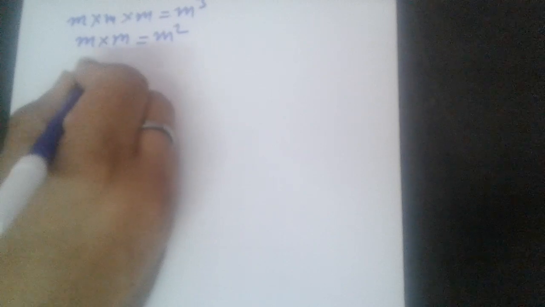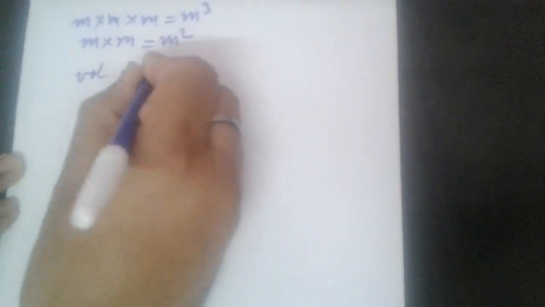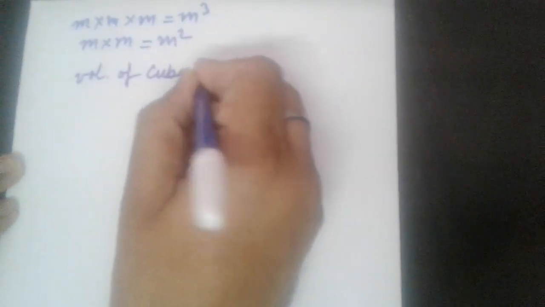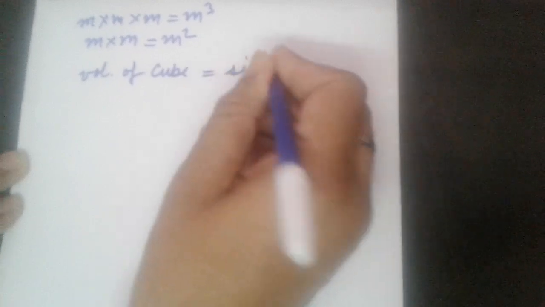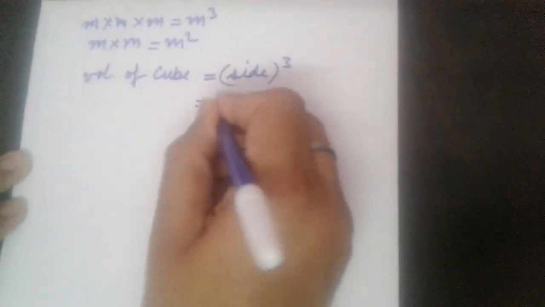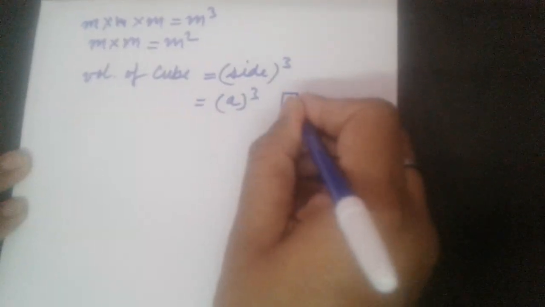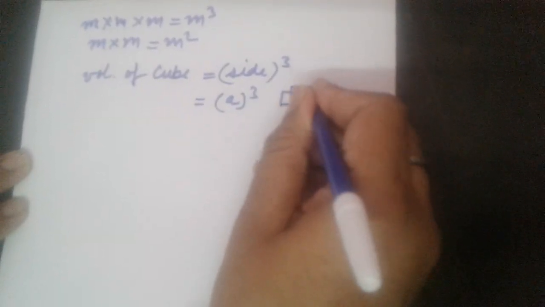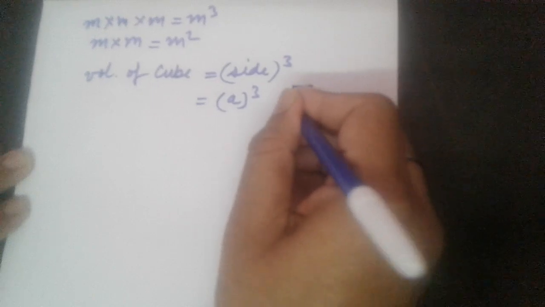Now we will determine the volume of regular objects by using formula. Volume of cube equals to side cube. If side is A, then this will be A cube. This is the shape of cube.